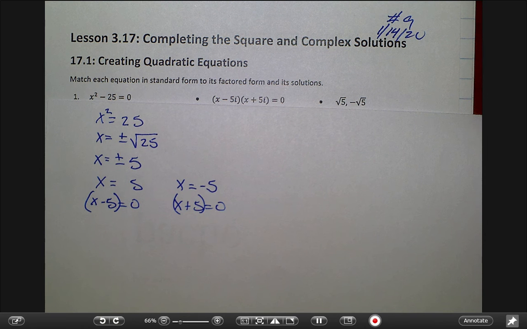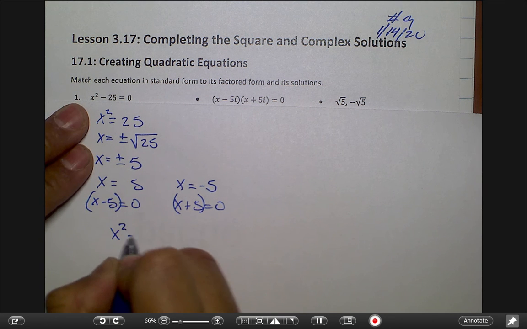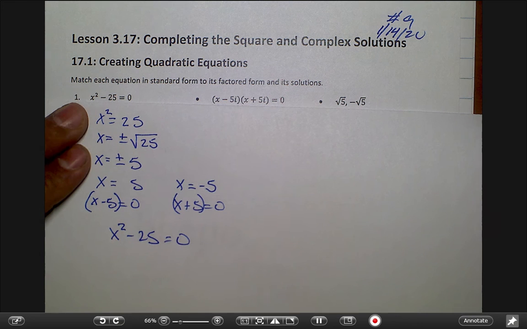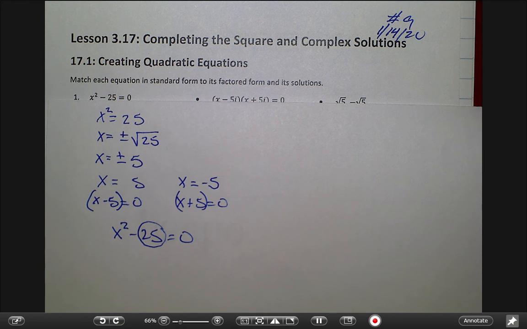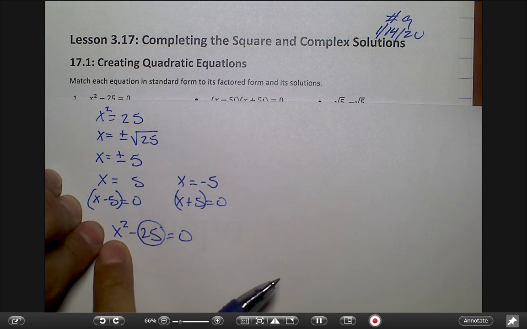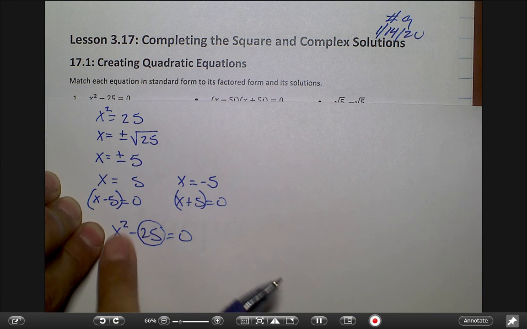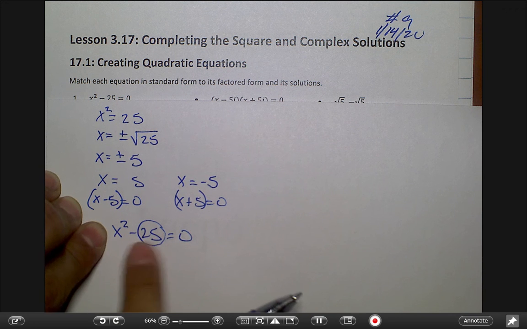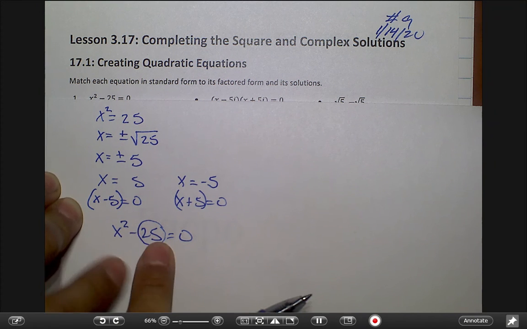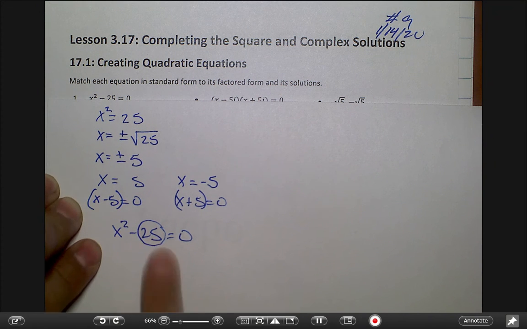Now, this is one that we could do by identifying it as a difference of squares, because it's x squared minus 25, and 25 is a perfect square. There is no b value, and it goes to the c. I have 2 terms, a perfect square, and it only works when this is a minus sign.